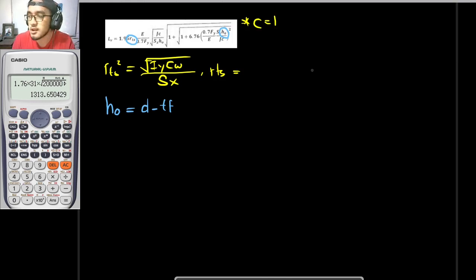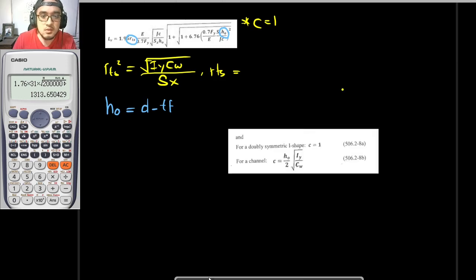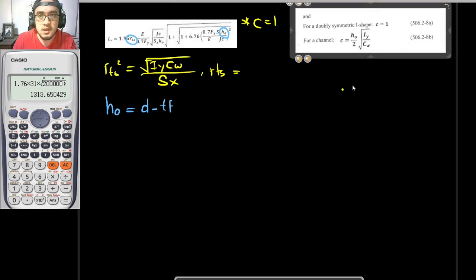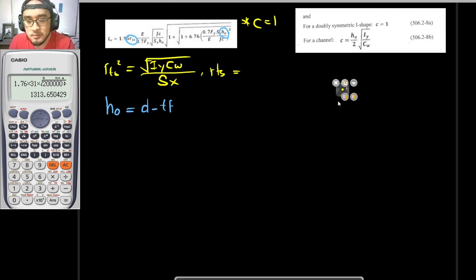That is according to 506.2-8A, so it would be this page right here from NSCP. So C is equal to 1. For the other values for rts, we'll get to those next.